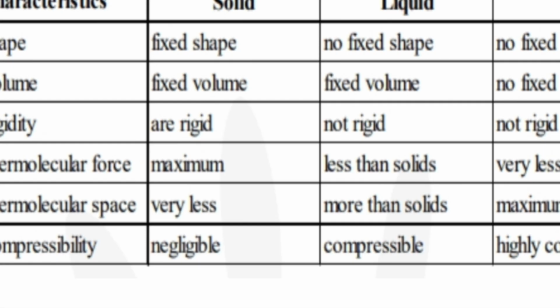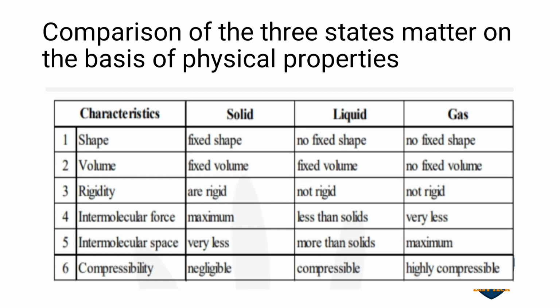Compressibility is negligible in solids, little compressible in liquids, but highly compressible in gas. So this is the comparison of the three states of matter on the basis of physical properties: solid, liquid, gas.